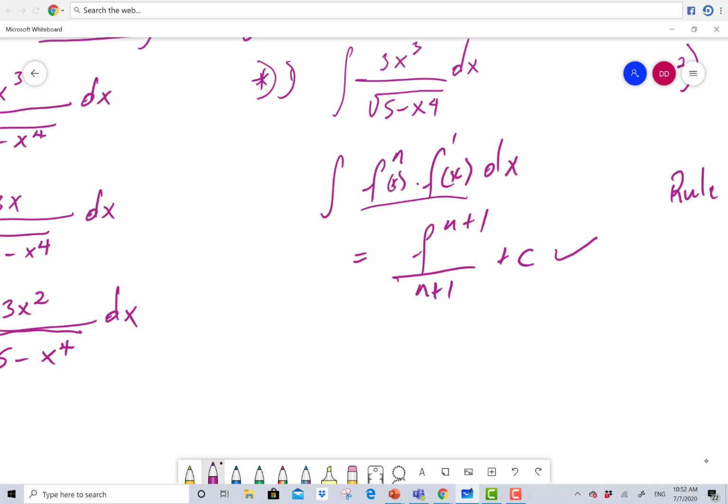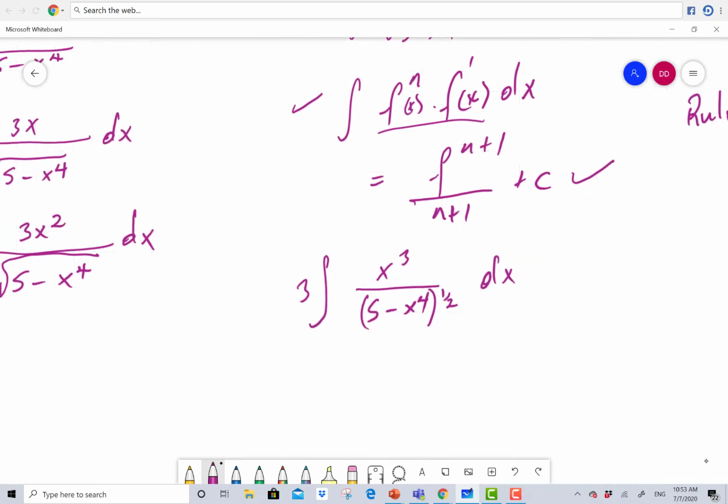With that being the case, let's get it in this format. I'm going to bring the 3 outside, because I can put a constant outside of the integral. Then I have x to the 3rd times 5 minus x to the 4th all to the half, because the square root of 5 minus x to the 4th is the same thing as all of that raised to a half, dx.